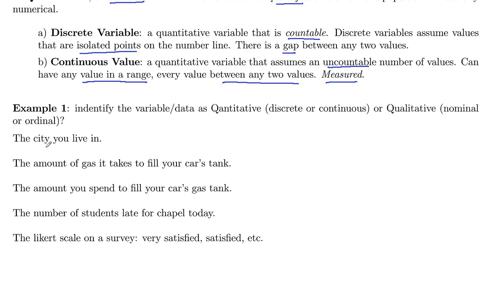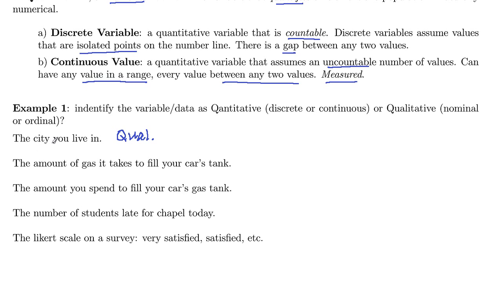So the city that you live in. Well, we group everyone by cities. Those are just categories, so they're not numbers, so this is going to be qualitative. And then cities can't really be ordered. You don't say this city is less than the next city. So cities are just categories.